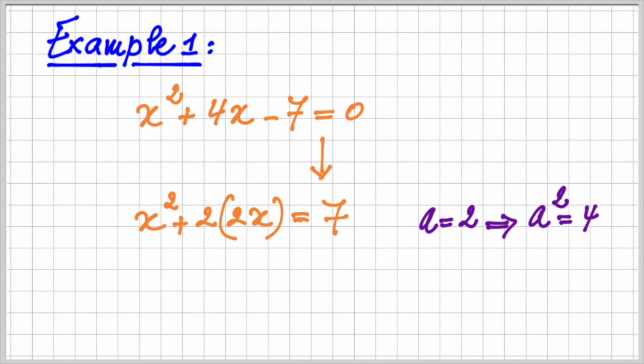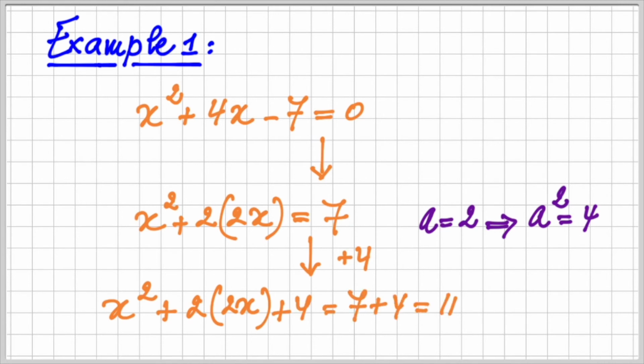And we find here that a is equal to 2. And the square component that we're missing, a to the square, is equal to 4. So we add 4 to both sides, and I find on the left-hand side x to the square plus 2 times 2x plus 4 is equal to 7 plus 4, which is equal to 11.